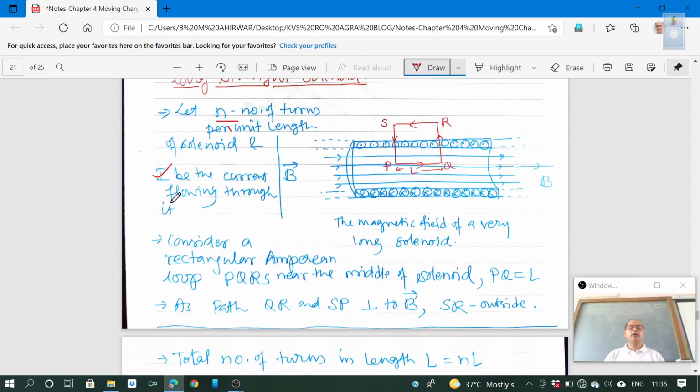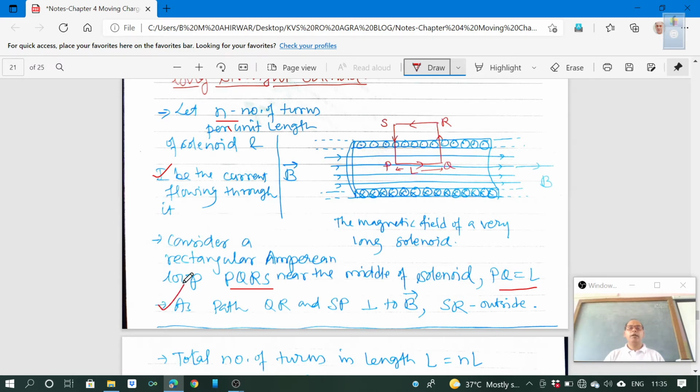Suppose we take a rectangular Ampere loop PQRS near the middle of the solenoid, and suppose the side PQ has length capital L. The direction of current is PQRS.